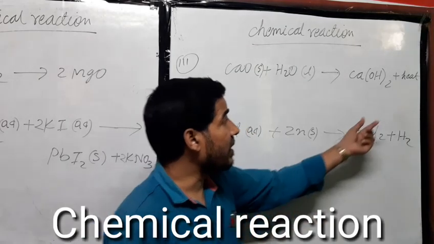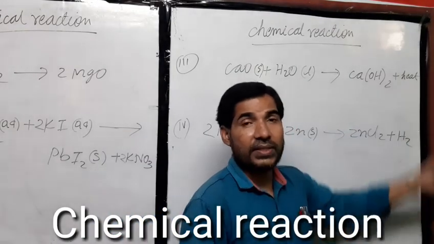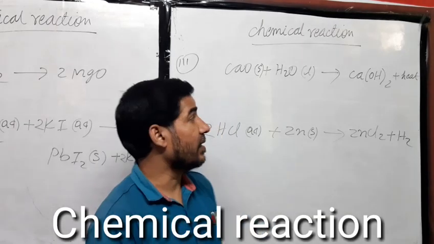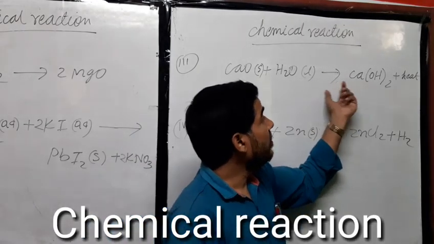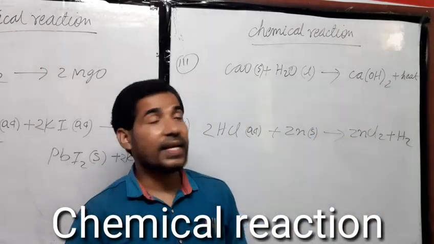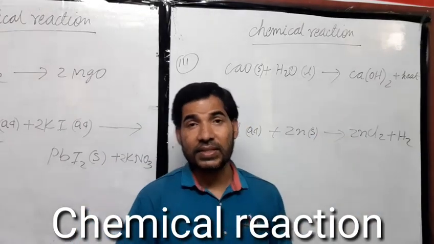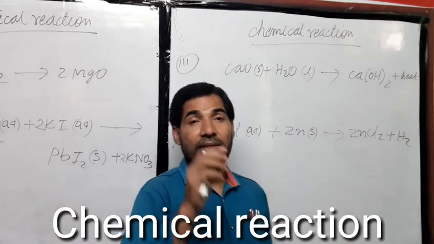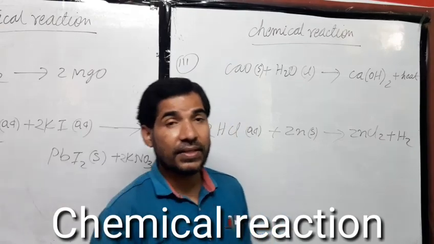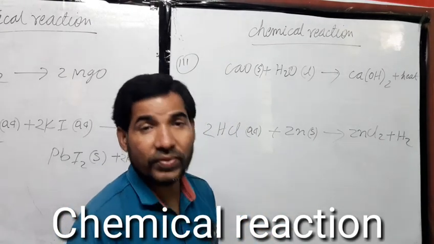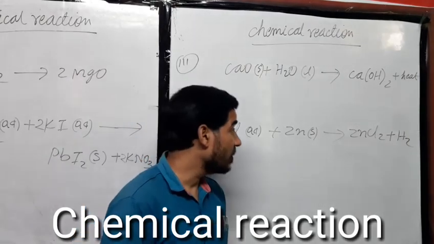Here I have written heat, meaning the reaction in which heat is on the product side of the chemical equation is an example of an exothermic reaction. It says that heat is produced here, meaning the temperature gets changed. Since the temperature gets changed here, it is also an example of a chemical reaction.